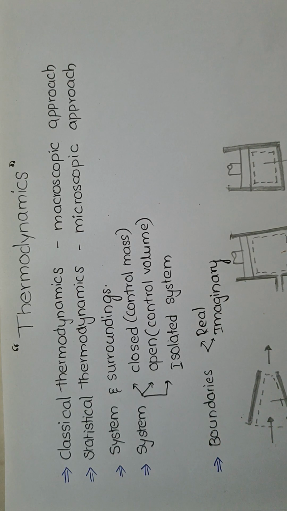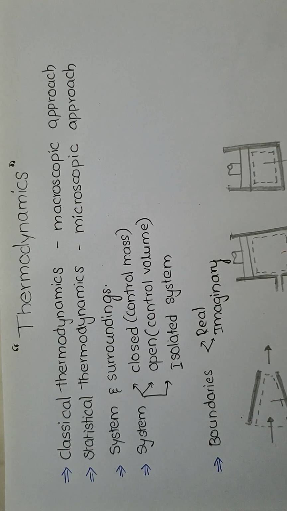Before going further, let me tell you what thermodynamics is. Thermo means heat and dynamic means power. Thermodynamics is classified into two types: classical thermodynamics and statistical thermodynamics. For example, a matter or substance is actually made up of molecules.